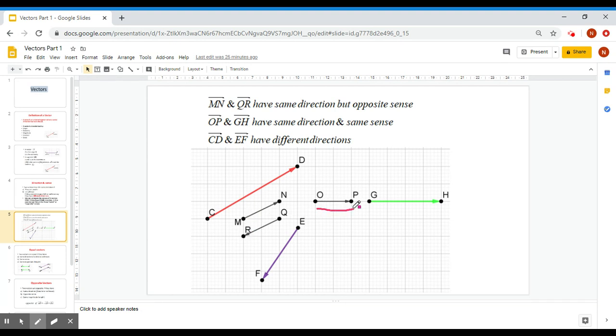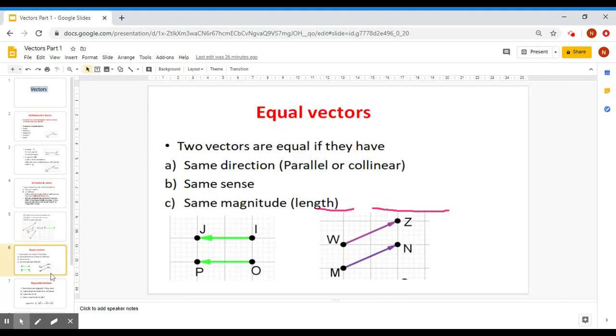Here, OP and GH have the same direction because they are collinear, and they have the same sense because they go in the same orientation. Now if I want to compare CD and EF, they have different directions, and when they have different directions, we cannot compare the senses.